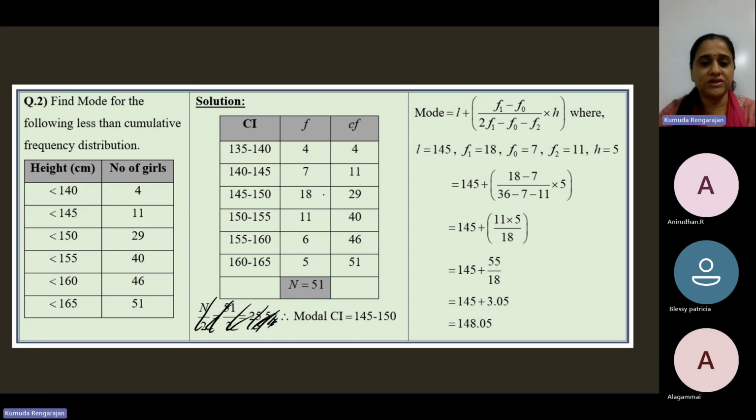The highest frequency is? 6 minus 7 is 18. I'm checking it myself.